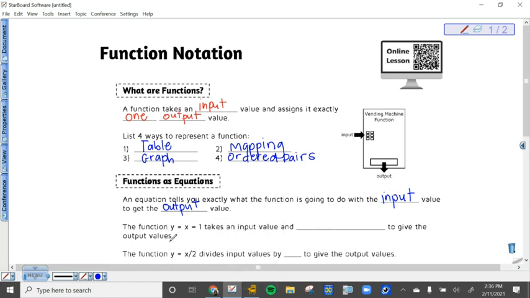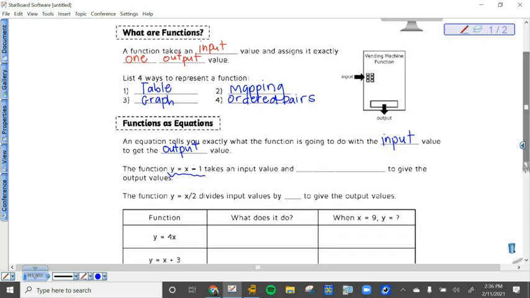So this is an example of a function right here, y equals x minus 1. Generally, x is going to be our input, y would be the output. So this function right here, it'll take an input value, the x, and what does it do to the x?